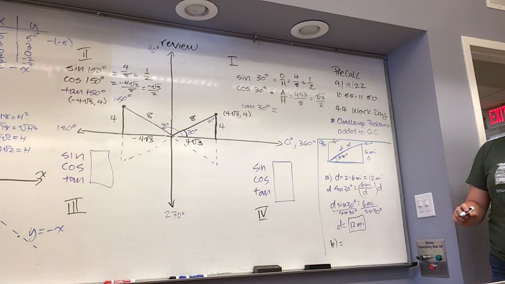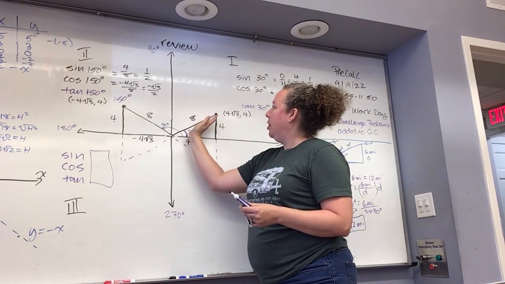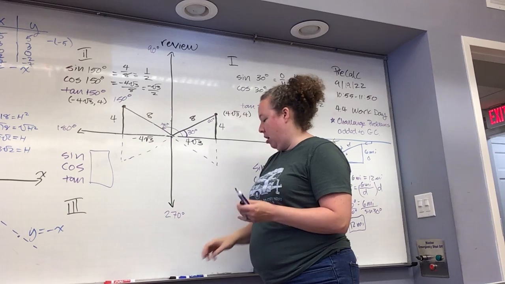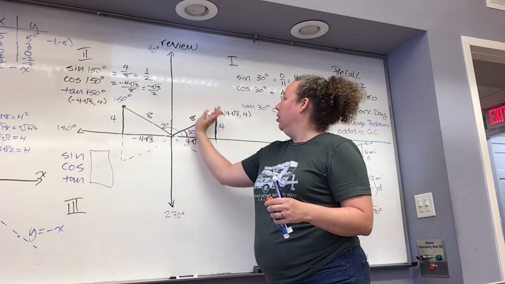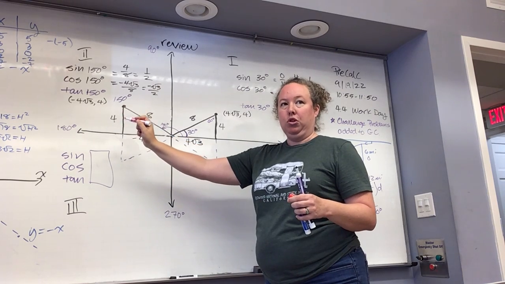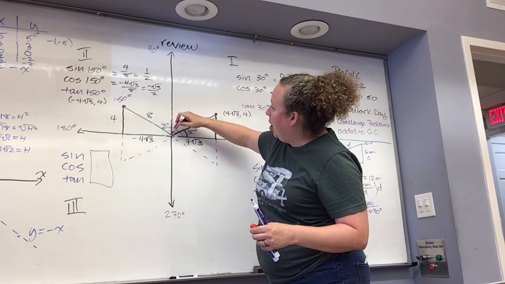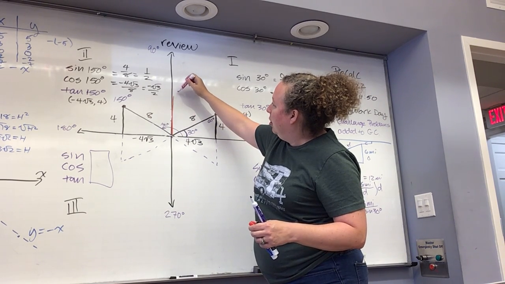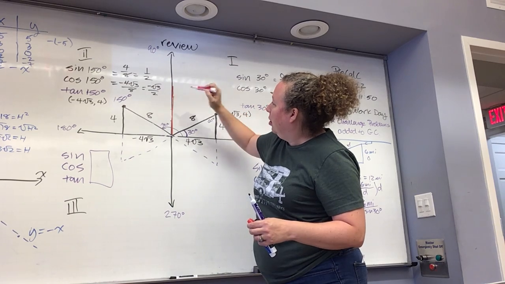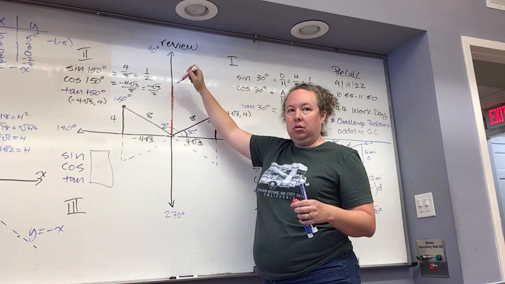Well, this is a very good question. If we think about this hypotenuse rotating around the origin, one of the places that it can stop is right here at 90 degrees.